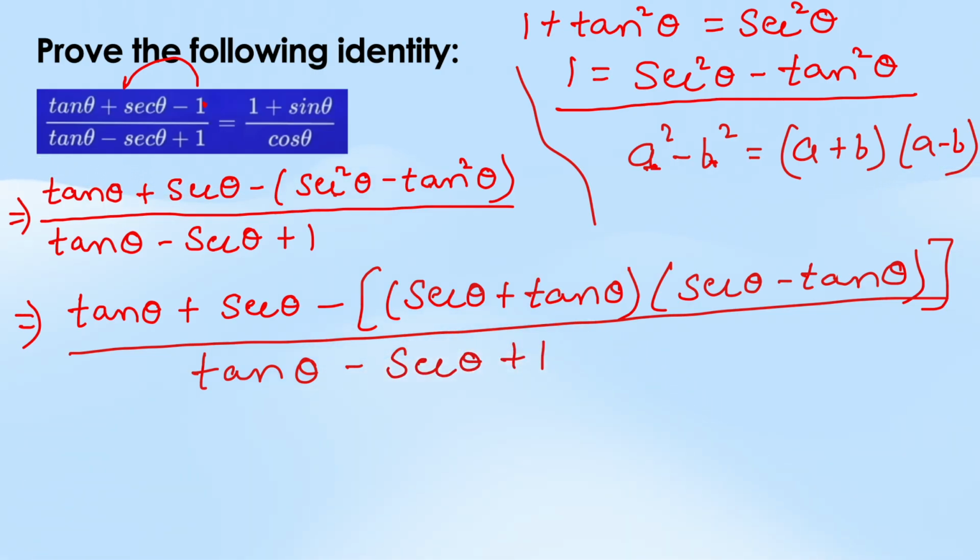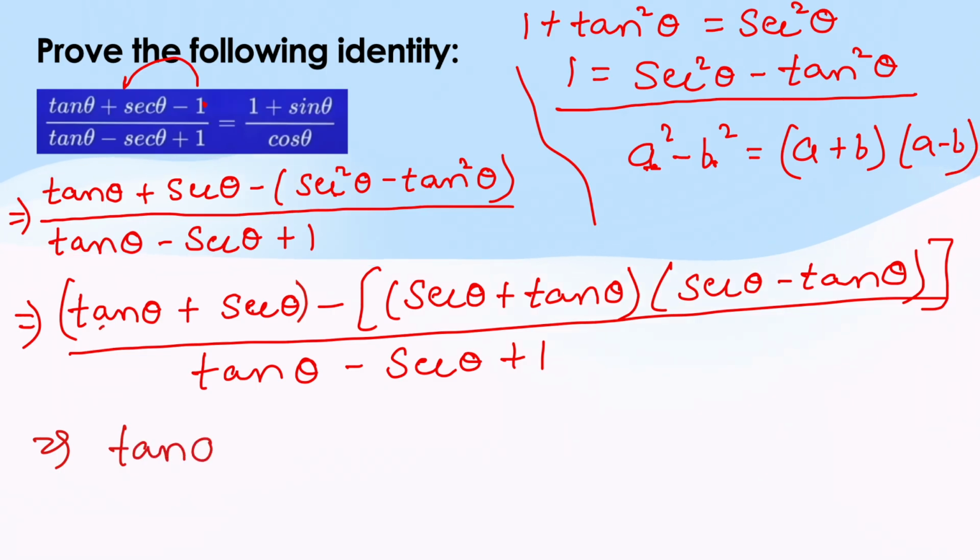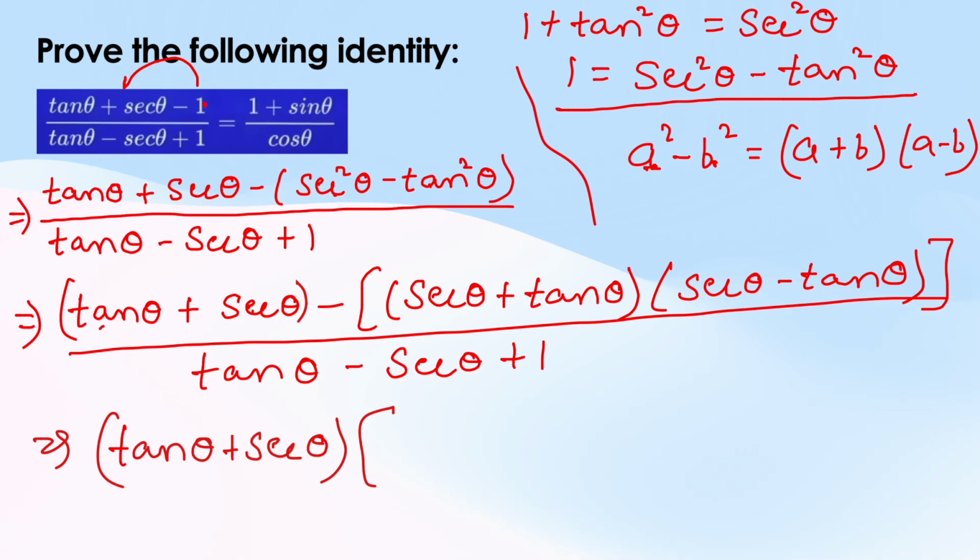Any doubt in this? Now see, we have these two terms. This is 1, and this is another. What is common in these two? If I take tan theta plus sec theta common from the first term, from this term, what will be left? 1 will be there.